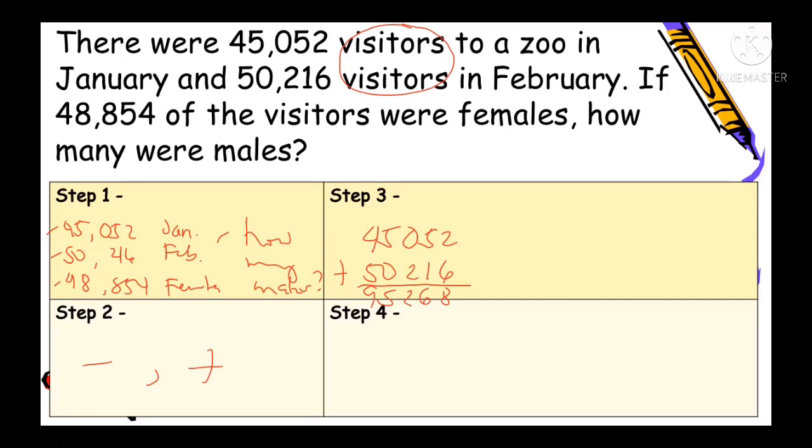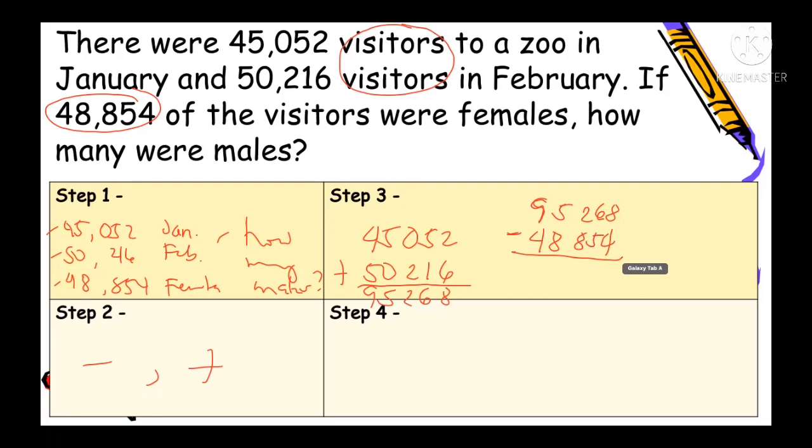Okay, so these are the total number of visitors in January and February. So inside here, we have females. So we need to subtract females here to find out how many males. Did you understand?